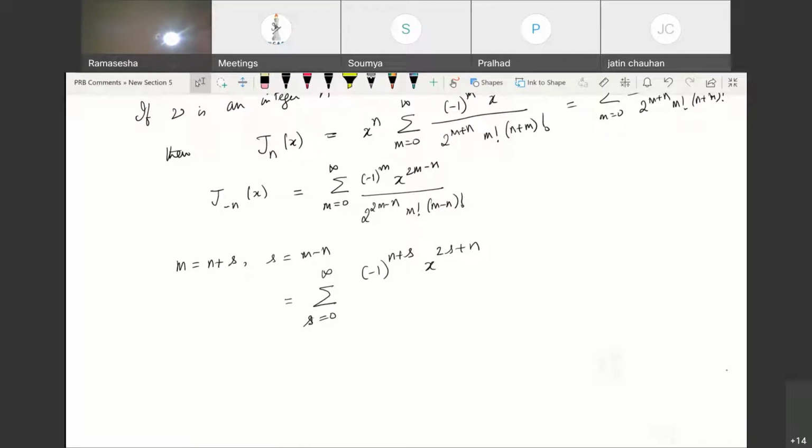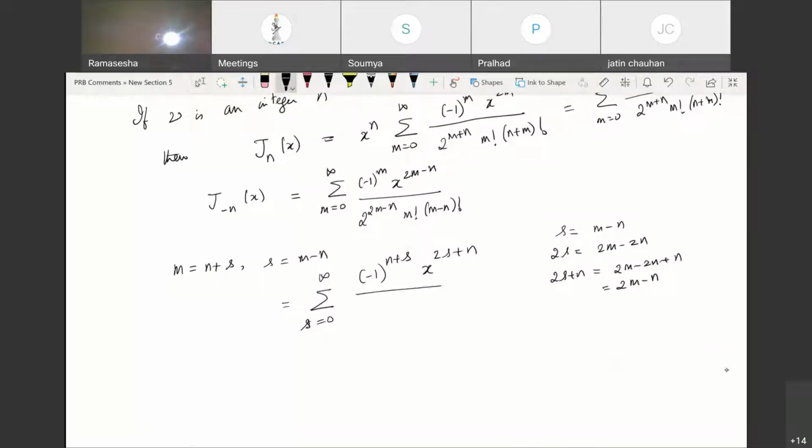so what s is equal to m minus n, right, and 2s is equal to 2m minus 2n, right? 2s plus n is equal to 2m minus 2n plus n is equal to 2m minus n. So that's what I've got.